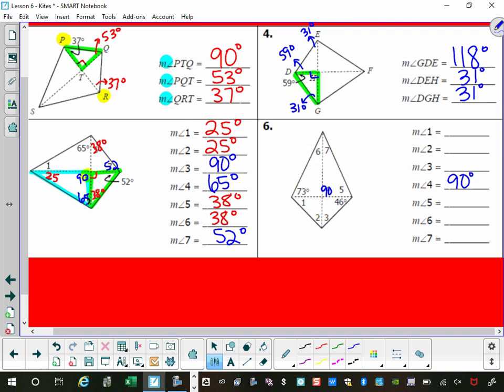Which one is 73? Not angle 1. Look at the opposite. Imagine you're flipping it. 46. Angle 1 is 46? Yes. Angela, which one did you do? 5 is 7, 3. Yeah, 5, 7, 3.